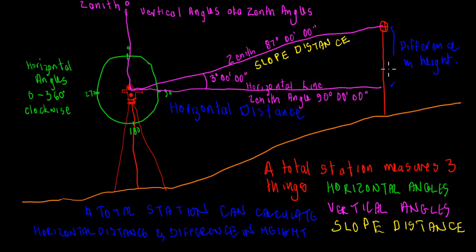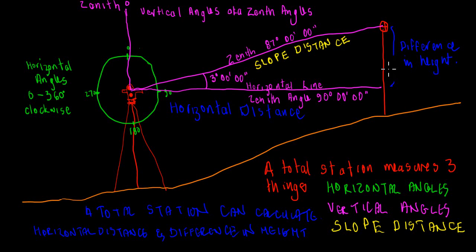So with those three basic things that it measures, the horizontal angle, the vertical angle, and the slope distance, it can calculate a number of the things we want. It can calculate the difference in height and display that directly.